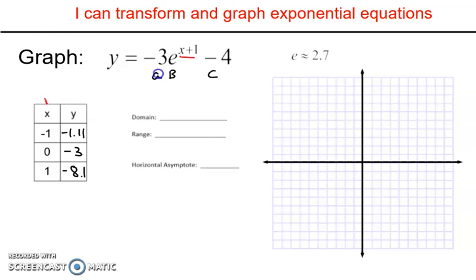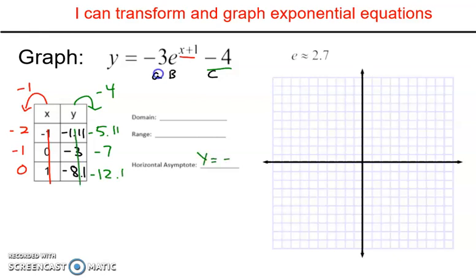The x's, we're going to go ahead and subtract 1 from them. So we get -2, -1, and 0. The y's, we're going to subtract 4 from those. So -5.11, -7, -12.1. That, of course, is also our horizontal asymptote, y equals -4. And that's it. Then we're going to graph it.